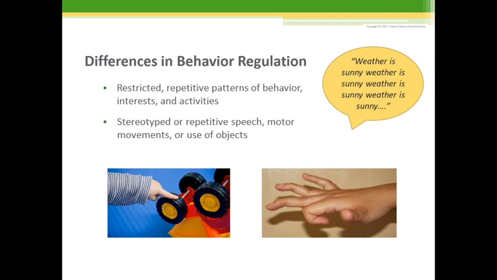These differences can come in a lot of different forms, but some of those core areas tend to be around highly repetitive, fixated areas of focus, and typically some idiosyncratic or unique or different areas of focus than what we might expect in that individual's same age peers.